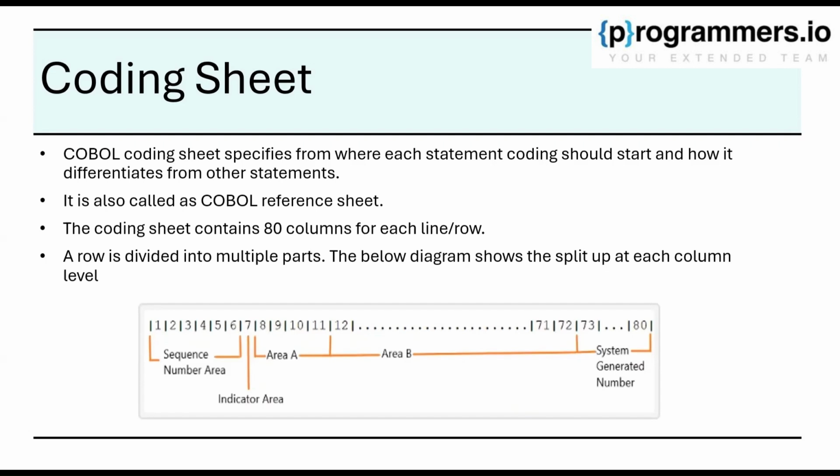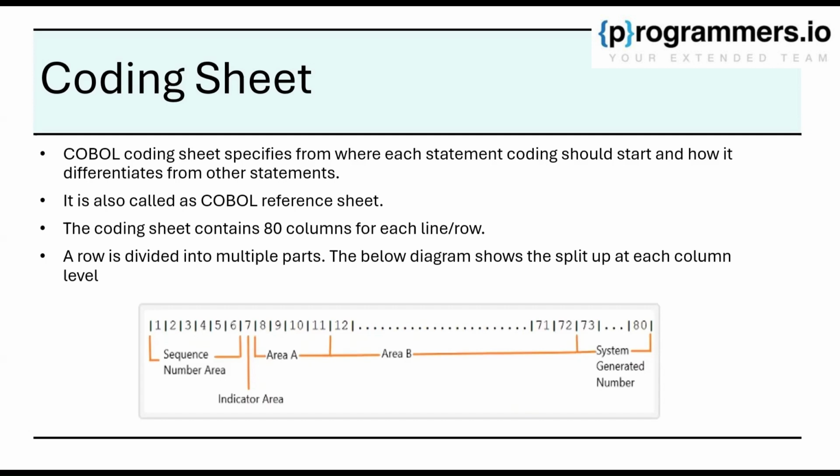If you see the image below, there are 80 columns, 1, 2, 3, 4, 5, 6. There are different areas: the sequence number area, indicator area, Area A, Area B, and system generated numbers. Consider it as a whole punch card. Now we will discuss what this is and why this format is used.